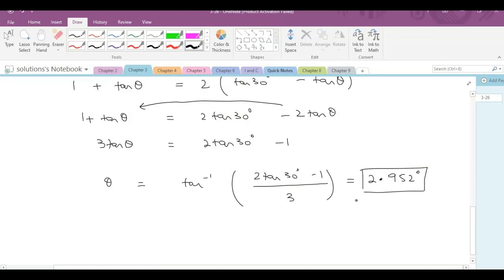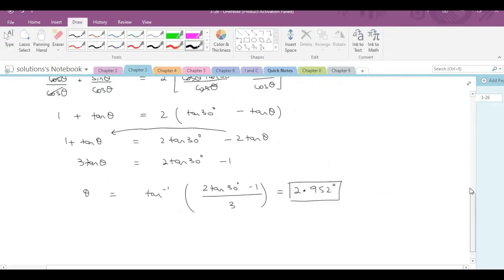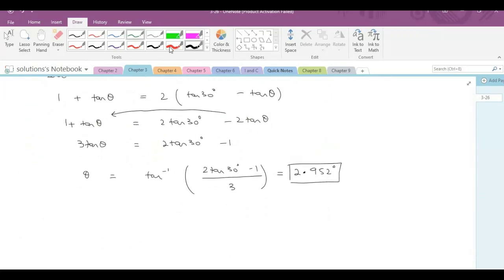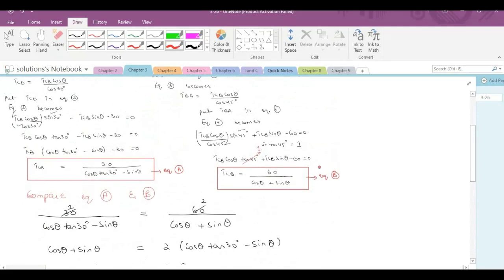By using this value of theta, now we can find the TCB. So put this value of theta in any of the equations A or the equation B. So let's say put theta equals to 2.952 degrees in equation B. Let's say this equation right here, because that's easier to solve.